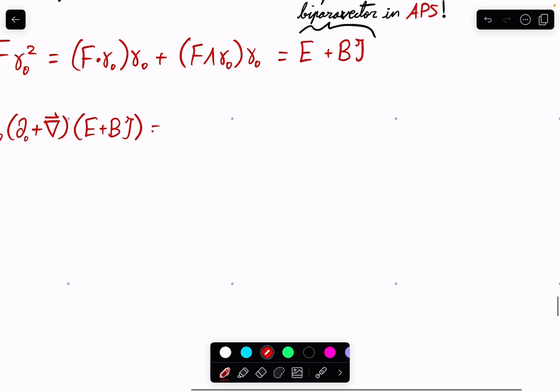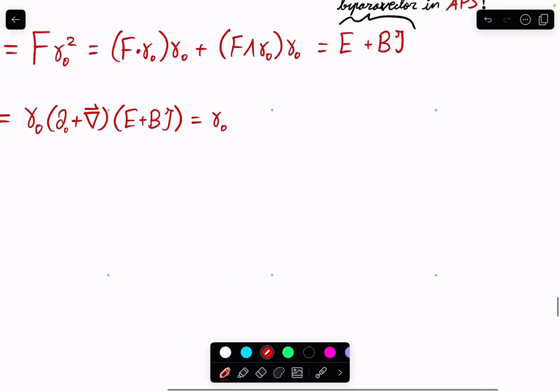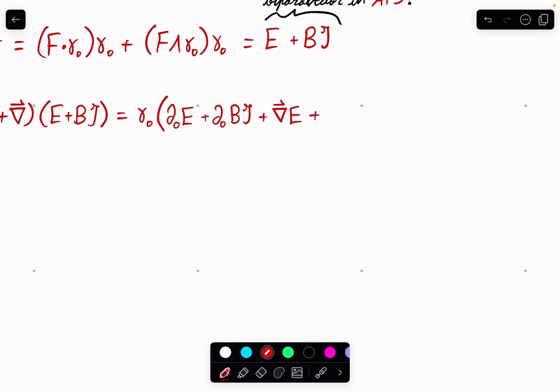Then multiply this out. I'm going to keep the leftmost gamma naught in the equation. Get partial naught E plus partial naught BI plus 3 gradient E plus 3 gradient BI.